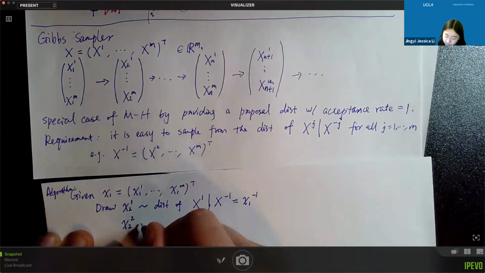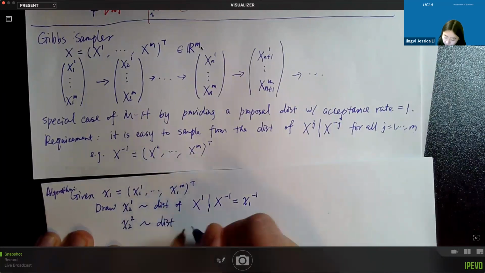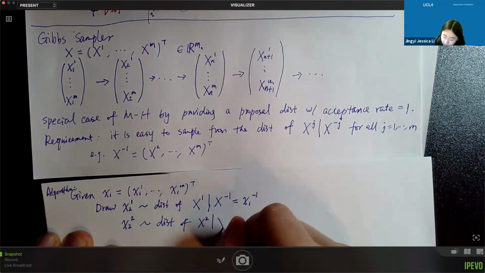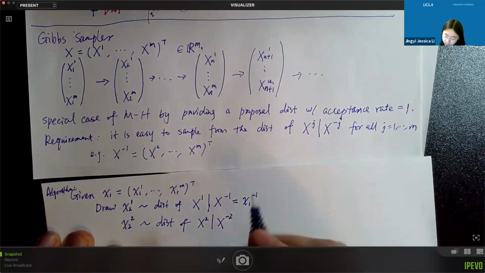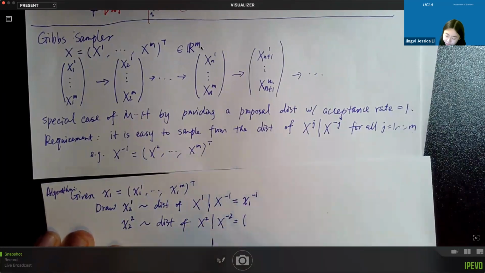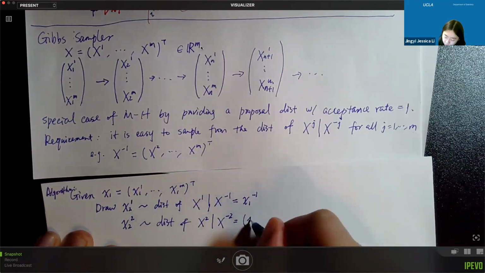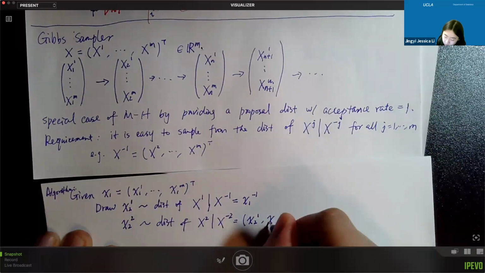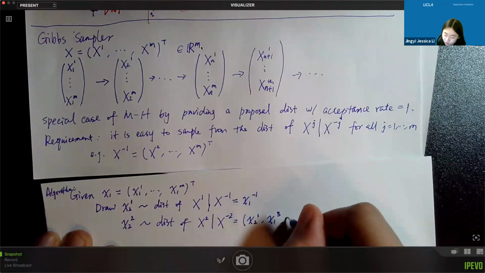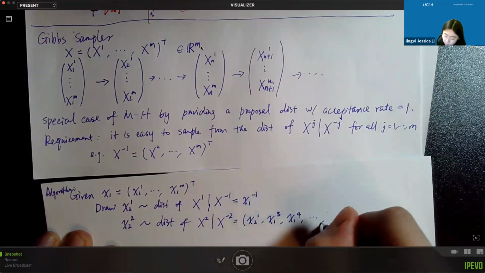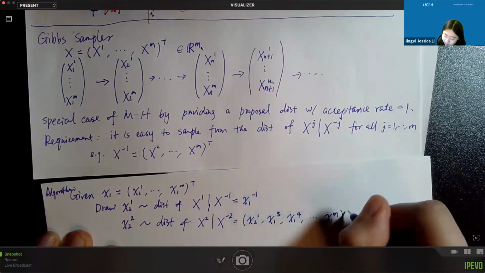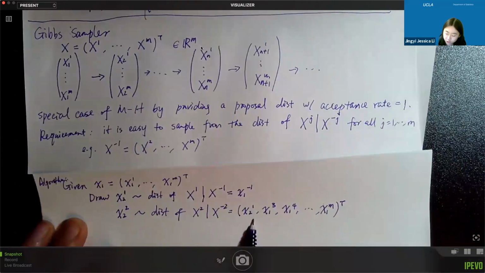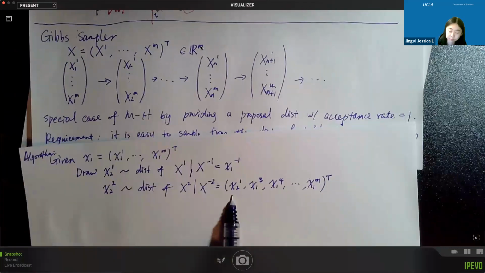And this is going to be sampled from the distribution of the second dimension, conditioning on the other dimensions being equal to, so now the first dimension becomes x21, and the third dimension becomes x13 and x14 up to x1m. So you see, I'm doing conditioning with the other values, but the first dimension is now updated in the previous step.